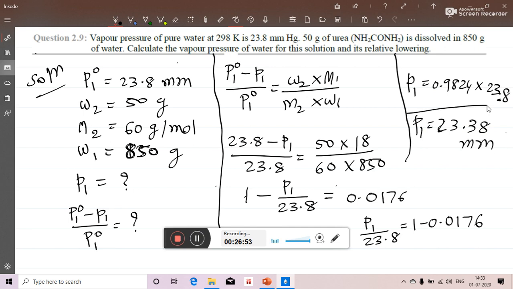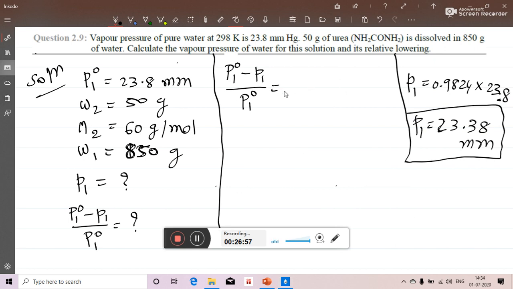Now we have to find out relative lowering. Now in order to find out relative lowering, just we have to put the values of P1 naught. What is P1 naught? 23.8 minus 23.38, that is P1 upon 23.8.